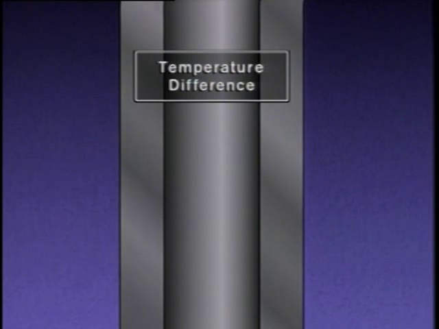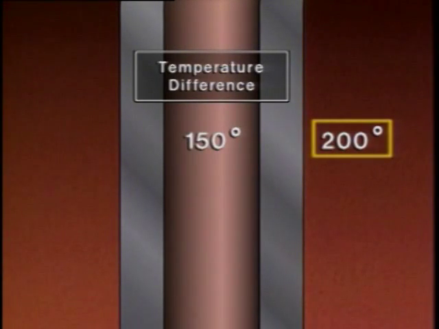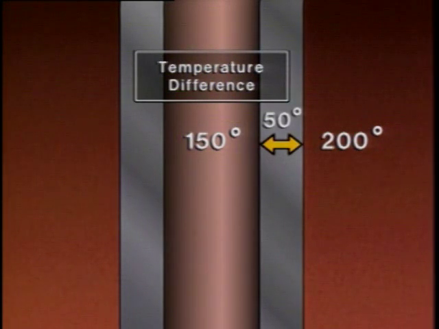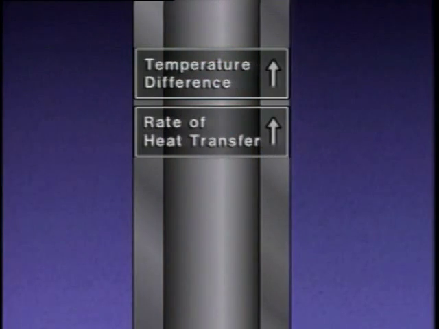Another factor is the temperature difference across the tube wall. For example, let's say that the outside wall temperature is 200 degrees and the inside wall temperature is 150 degrees. The temperature difference across the tube wall is 50 degrees. The greater the temperature difference, the greater the rate of conduction heat transfer.